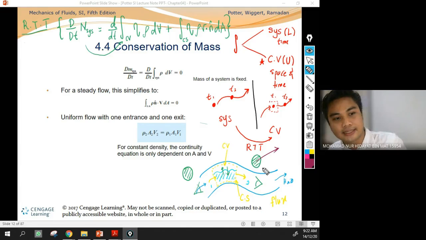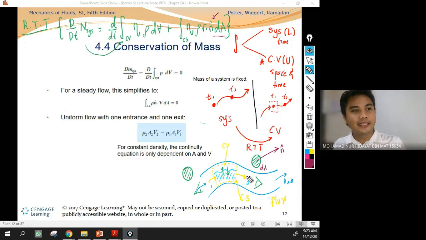So you can see this is dA, and this is an unit vector N perpendicular to the surface area.